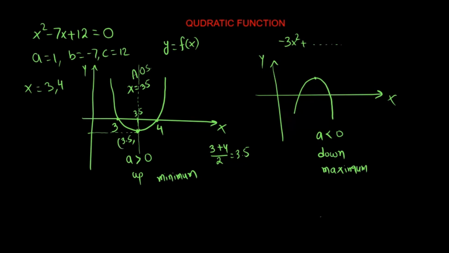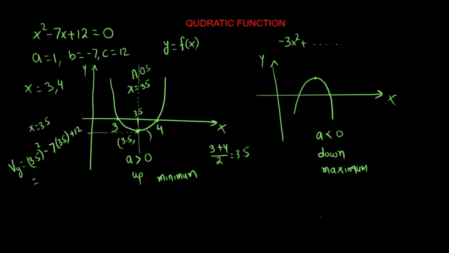and it will have a y value as well. To find the y value of the vertex, since we know x is 3.5, all you do is plug in x equals 3.5 in the original equation. So you have the y value of vertex, let's call it vy, would be x squared, which is 3.5 squared, minus 7x, so 7 times 3.5 plus 12.